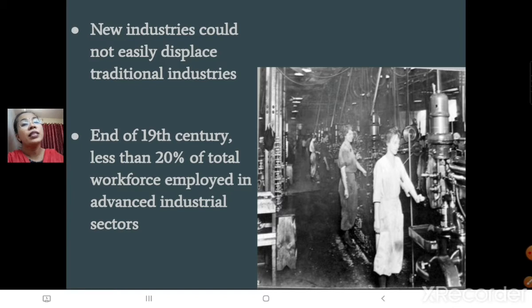as even at the end of the 19th century, less than 20% of the total workforce was employed in the technologically advanced industrial sector. Now you must be wondering why.